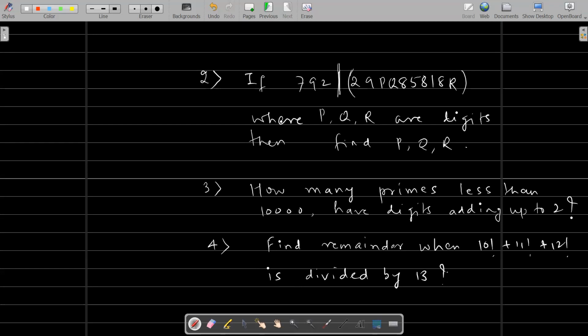Sir, does 792 exactly divide this big number? Yeah, it divides completely without any remainder. So just look carefully, not only at one number.